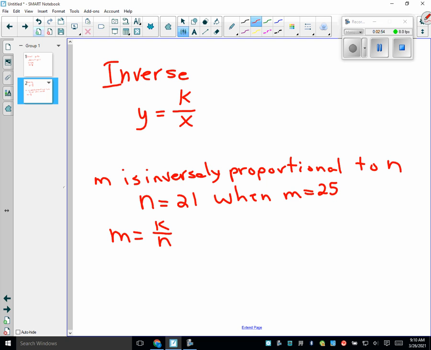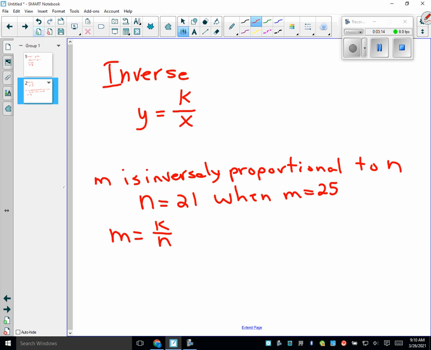Okay? Do you agree? Is it always the first one? Like, well, is means equal. Okay. So m is inversely proportional, means m equals whatever.